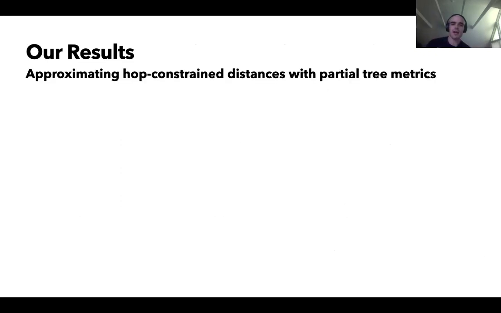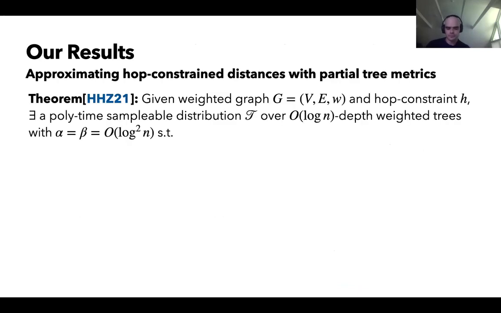Okay, so let me describe the metric embedding result in more detail. Here, we're given some weighted graph and some hop constraint, and we're going to show how in polynomial time you can sample a tree from a distribution where all of these trees have depth log n, and you have approximation factors alpha and beta, both polylogarithmic, in our case, log squared.